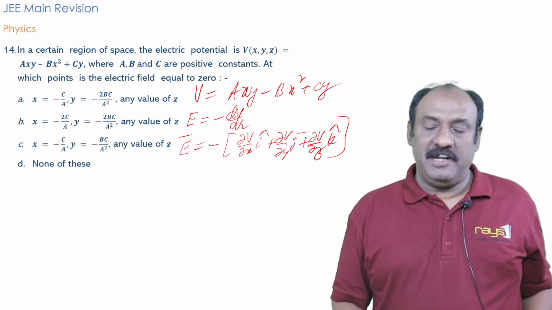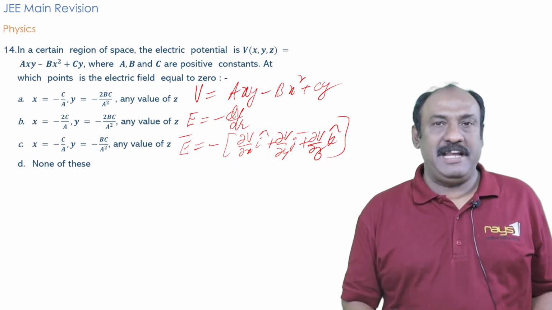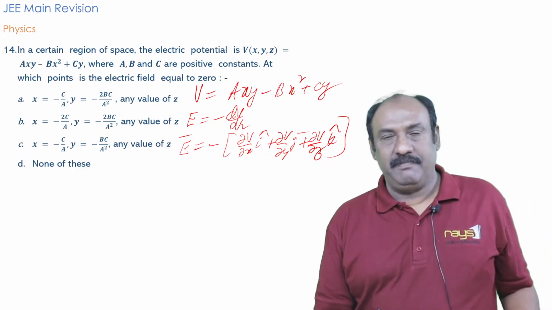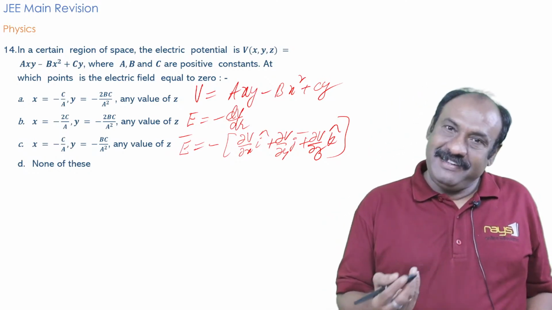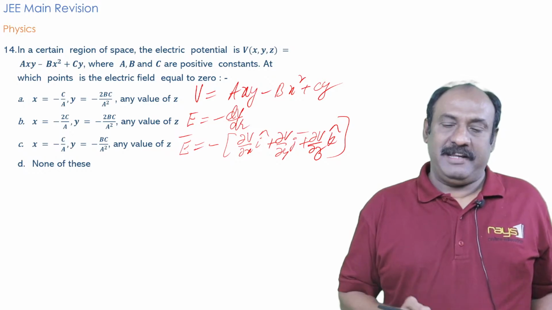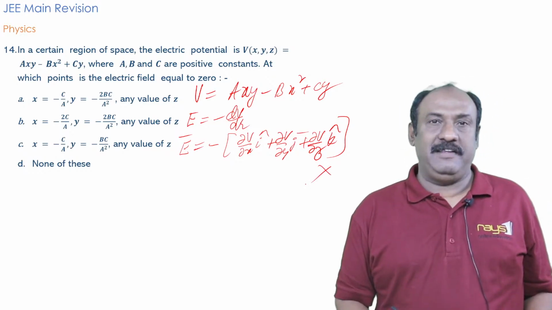While doing partial differentiation of this equation with respect to x, you have to consider all the remaining y and z components are same. While doing the partial differentiation with respect to y, x and z are same. But here there is no z term, so differentiation with respect to z is 0.